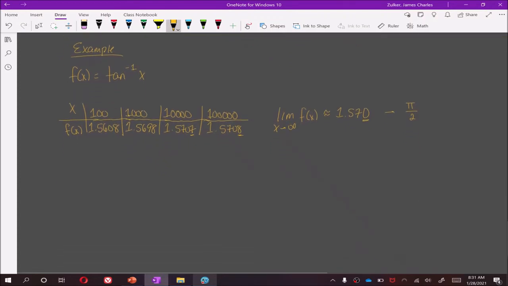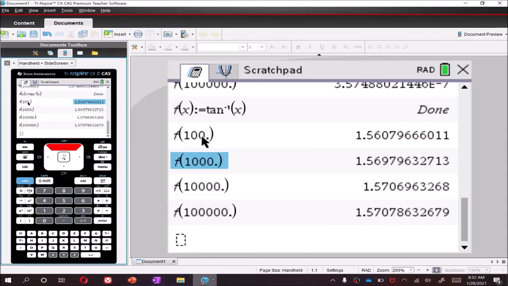What happens as x goes to negative infinity? Well, the fact that tangent is odd means that the inverse tangent is also odd. So all of the values will be the same except they will be negative. So we'll have negative 1.5608. And if you don't believe me, let's come back to our calculator and type in negative 100.